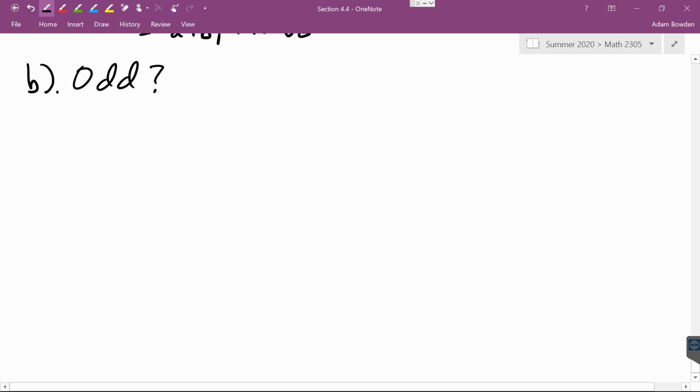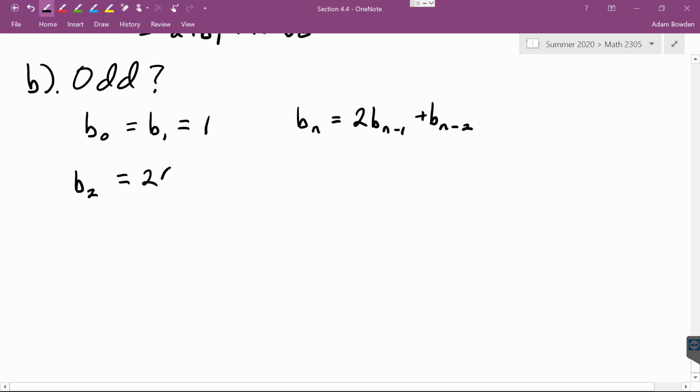Now, to discuss why the terms turn into odd numbers, let's think about how it goes here. Our first two numbers, b sub 0 and b sub 1, are both odd, as 1. And again, our sequence is 2 times b sub n minus 1 plus b sub n minus 2. So if we were to plug in numbers to find, say, b sub 2, that would be 2 times 1 plus 1, and that's equal to 3.